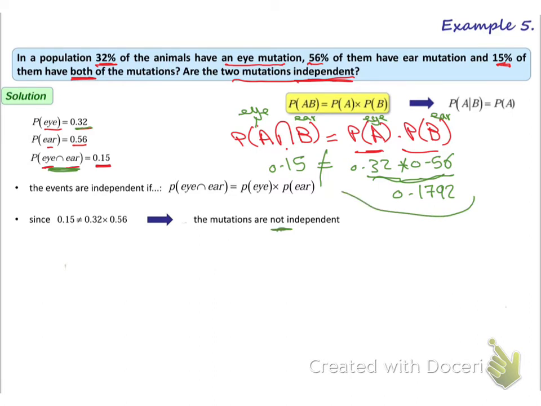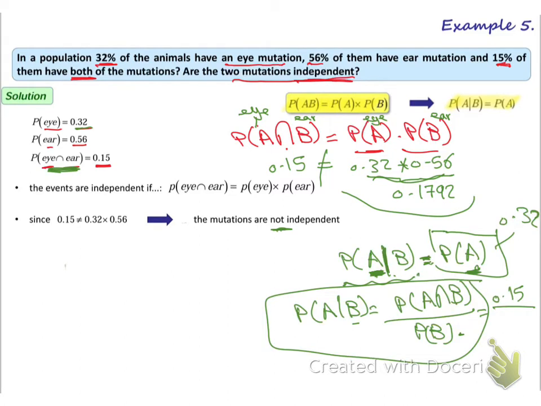The other way to calculate it, in order to help you because it might come in a different form in the exam, is this form. So either this form or this form, okay? So the probability of A given B equals 0.15 over 0.56, so it equals 0.27.